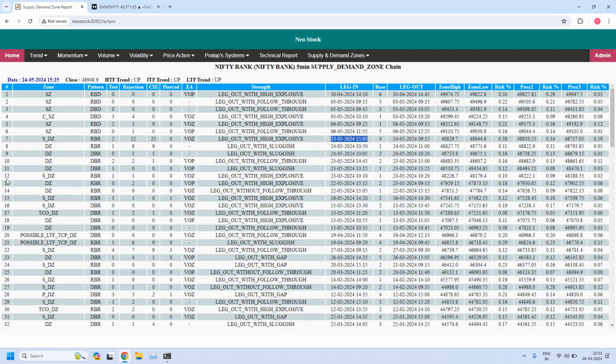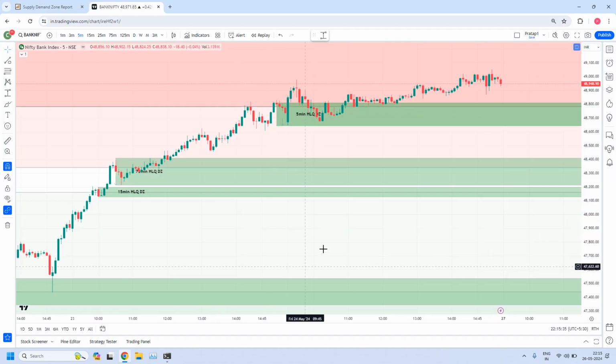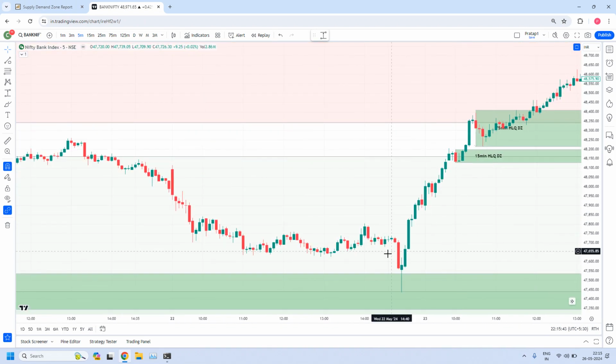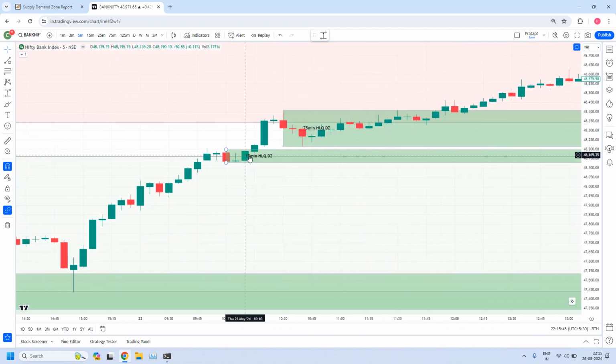And at 12th we have also already tested once. This is 23 May at 10:10, one base candle. This is the one. We have a rally, base, rally. This acted as a bridge between this 75-minute zone and this 15-minute zone.